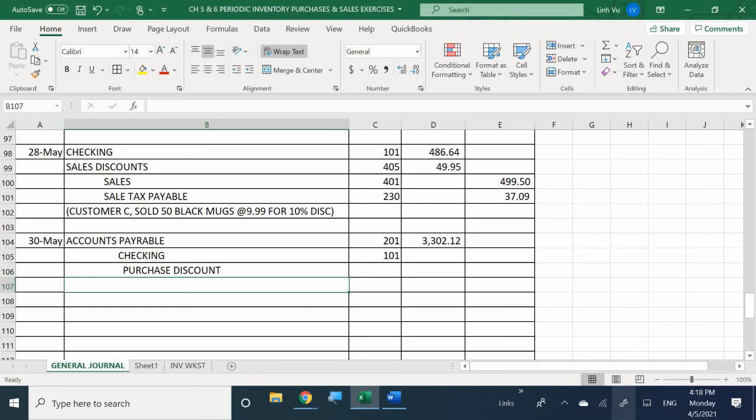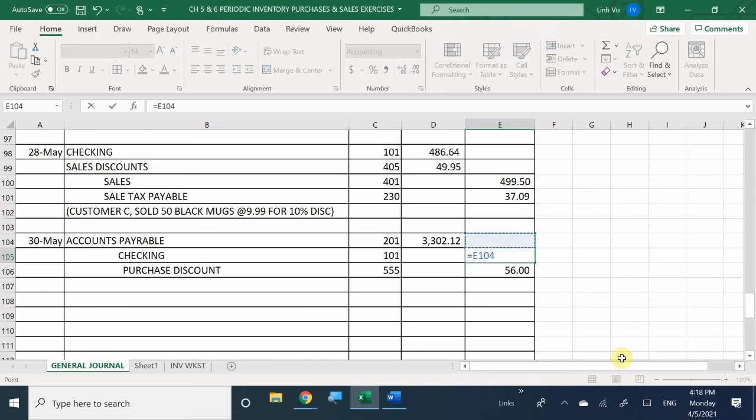Okay. So what's the account number for purchase discount? Five, five, five. Okay. And that purchase discount was for the $56, right? So how much am I actually going to be writing my check out for? $32.46 and 12 cents.